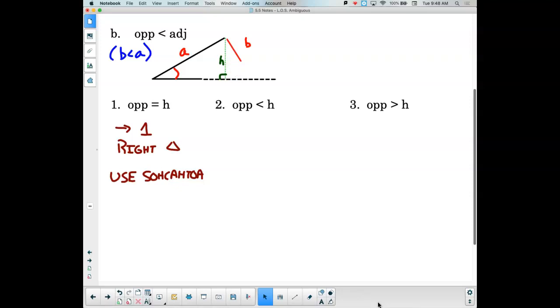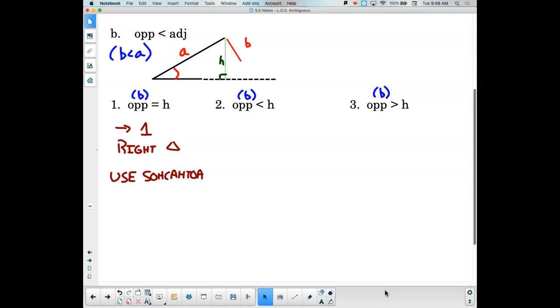If my height is bigger than my opposite side, remember my opposite side in this case is B, how many triangles do I get?